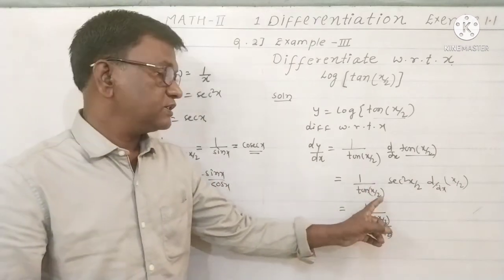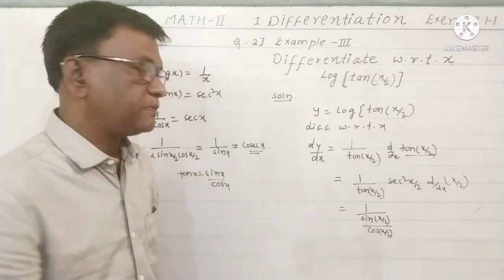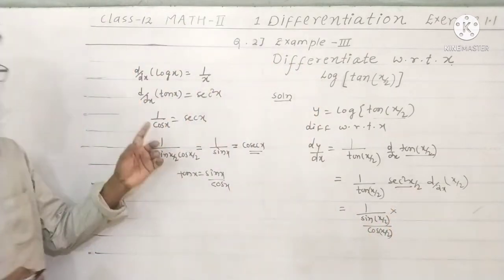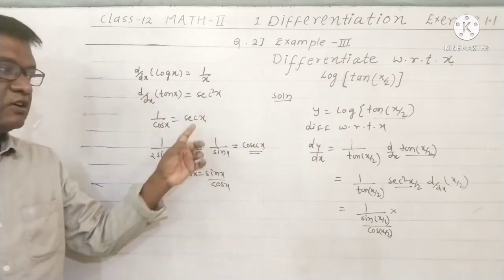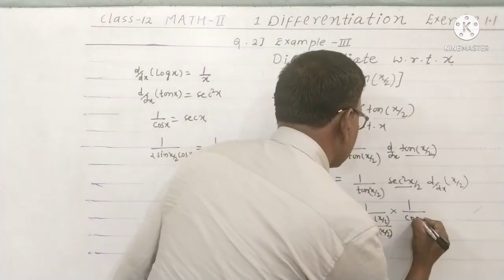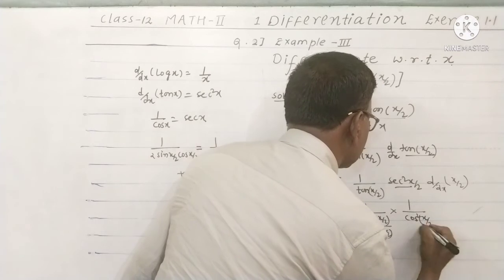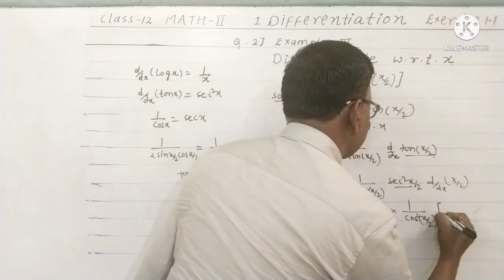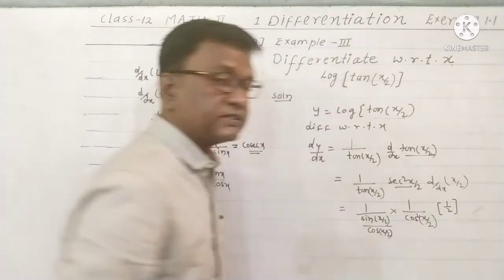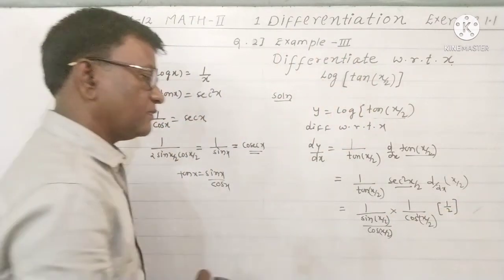Again use the formula for sec square x: 1 by cos x is sec x. So sec square x by 2 we can write as 1 upon cos square x by 2. And the derivative of x by 2 is, derivative of x is 1, take 2 as it is.